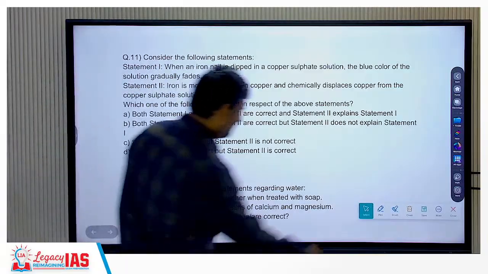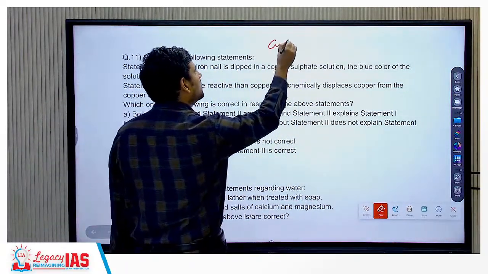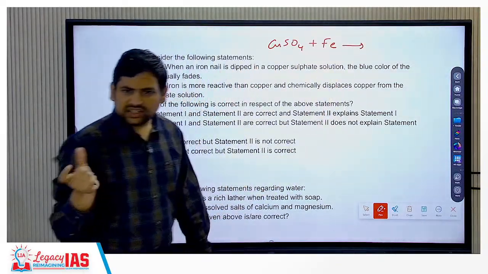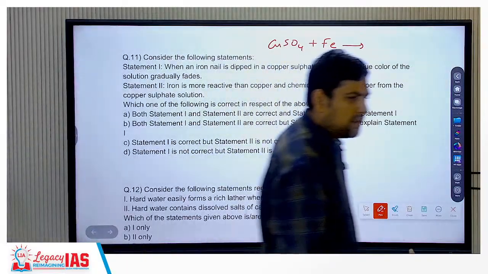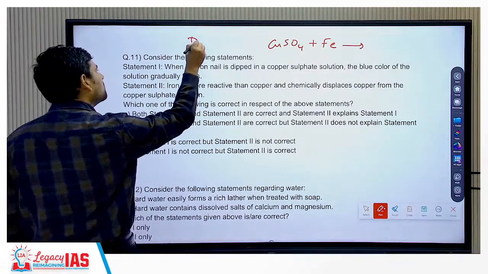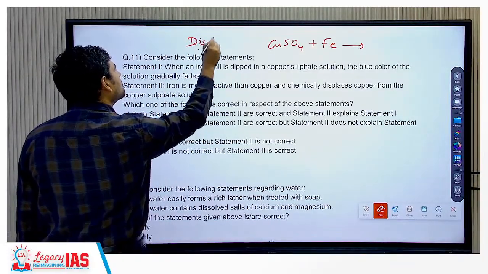Yes. Actually, the reaction would be like this: this is copper sulfate, CuSO4 plus, now you're putting iron nails, so that is iron. Now iron is more reactive than copper. So what happens? There is a reaction called a displacement reaction.